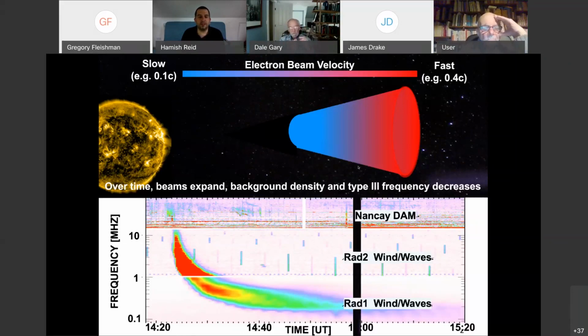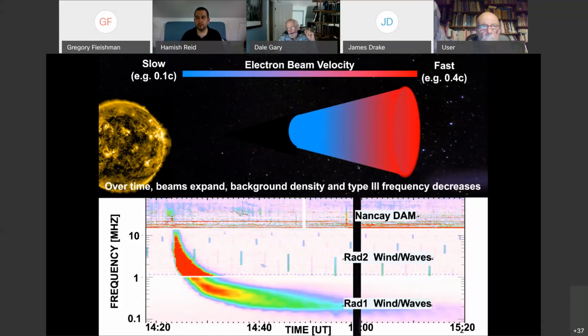It remains to be seen for acceleration further down in small closed loops whether the electron beam can have enough instability to produce the Langmuir waves, and when you go to higher densities, you have to contend with collisional damping of the waves themselves. But yeah, certainly happy to chat over email after this.